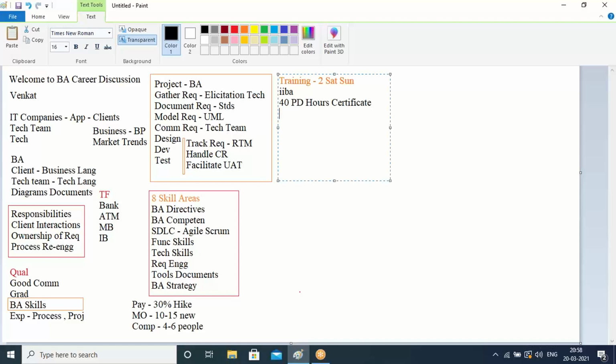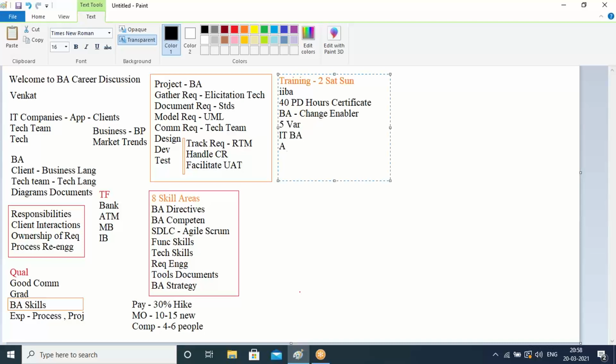And as per IIBA, business analysis is a change enabling activity. And a business analyst is a change enabler, right? And here in business analysis, we have 5 variations. Okay. Number 1, IT business analysis.